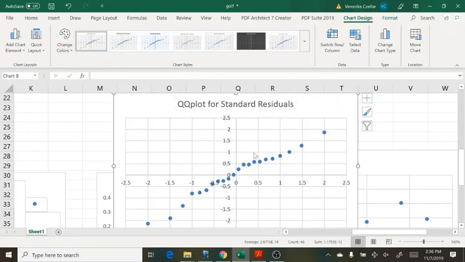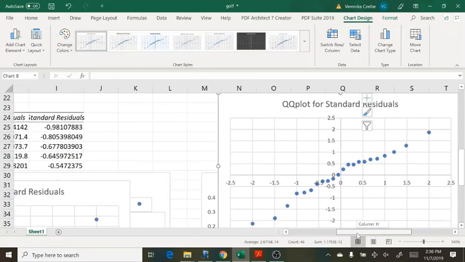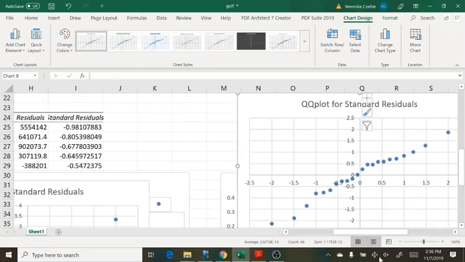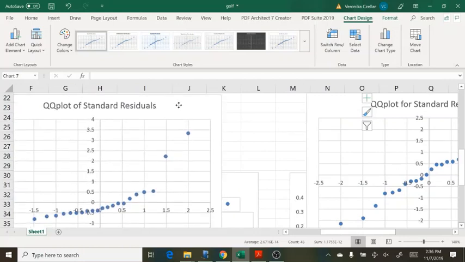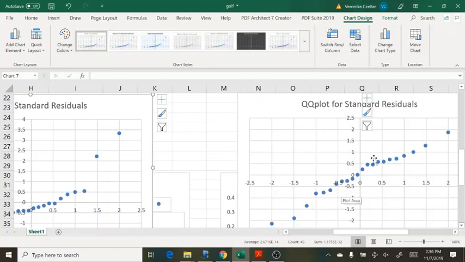And if I look at this scatter plot, I compare the two, right? This one and this one. Well, the second one is much closer to the identity line.